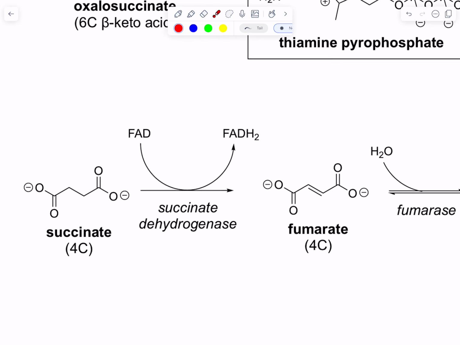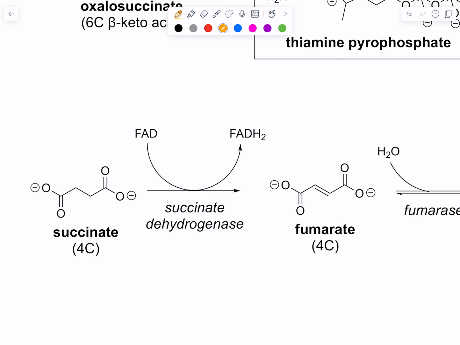So there's 2 steps. One of these is catalyzed by something called succinate dehydrogenase, and basically a base removes one of these protons, electrons kick down, and hydride is delivered to FAD. And I'll show you how that happens a little bit later.